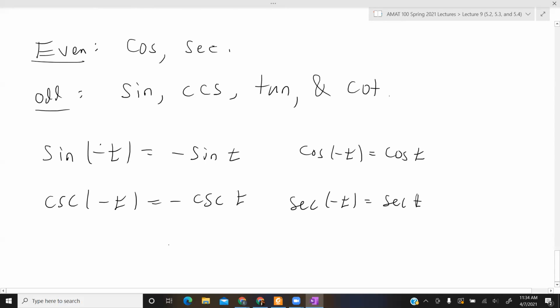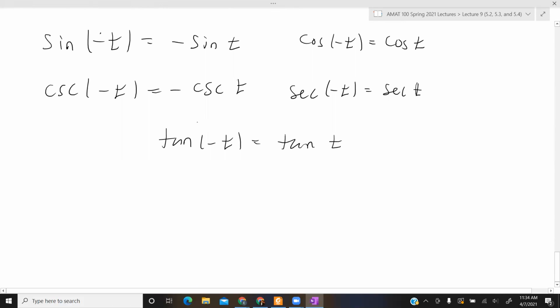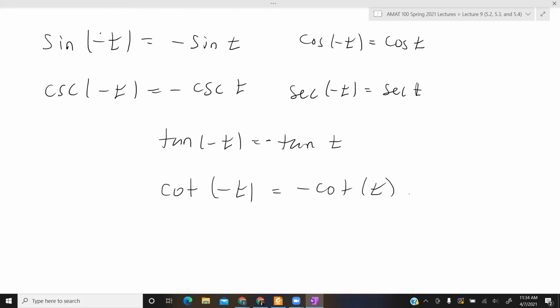And we have one more: tangent is an odd function, so tangent of negative t is negative tangent of t. And cotangent of negative t is negative cotangent of t, because it's an odd function. We have these various identities, and this will actually help us in calculating these trig functions.